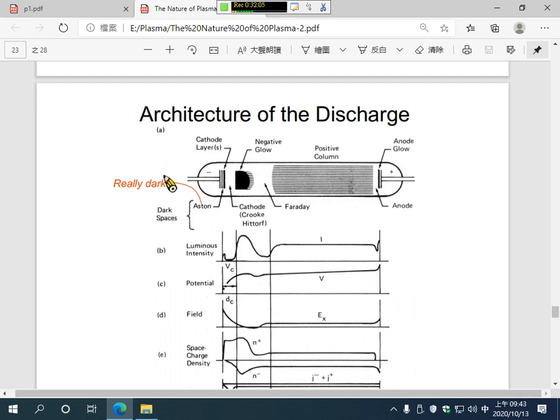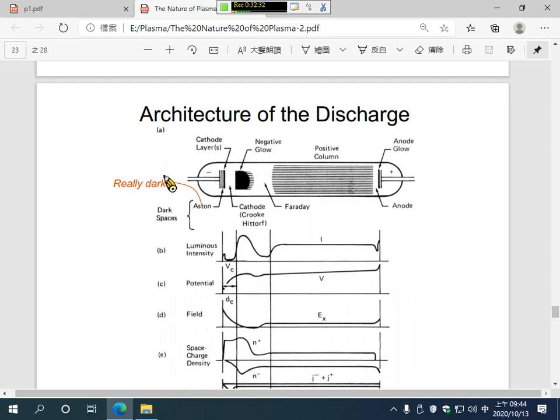And actually, in industry, the system doesn't need to have a very big size. Okay. So if you use RF radio frequency power supply to generate plasma, this relation doesn't follow.